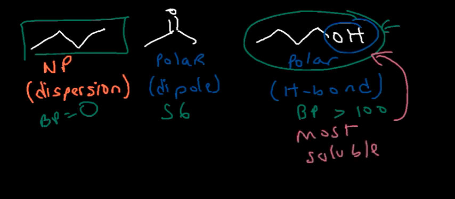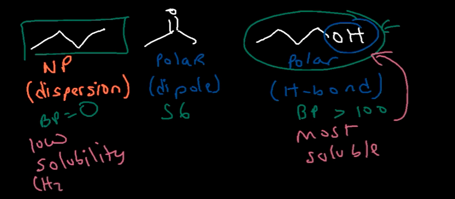So this alcohol has a high solubility in water. Butane has a very low solubility in water. The reason being it's nonpolar, and water is very polar. So like dissolves like, so water and butane, they don't mix very well.